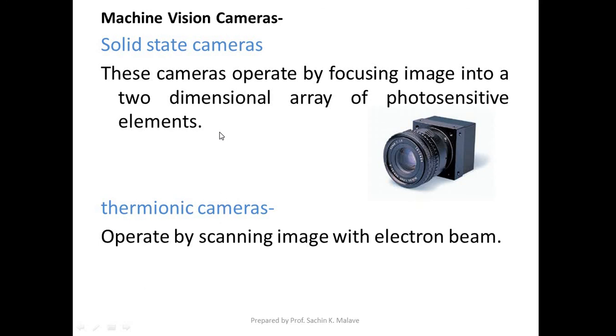These are the features of solid state cameras, because we want an image of very high quality. They can also be calibrated for linearity on a one-time basis, so that all subsequent measurements are automatically corrected. So calibration can be done.